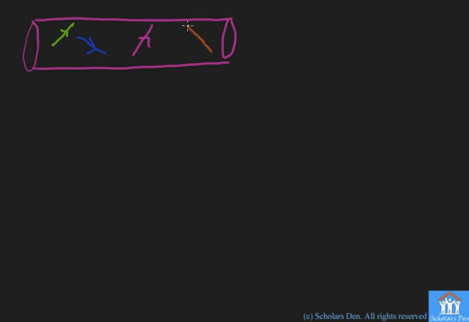Like this, there is random motion. They are colliding; every electron is being collided by some other electron. So the average thermal velocity becomes 0.